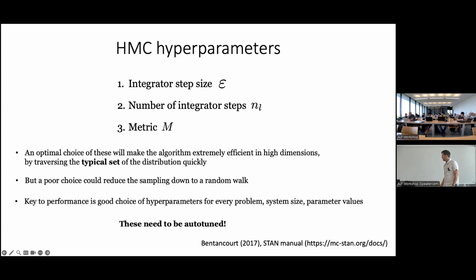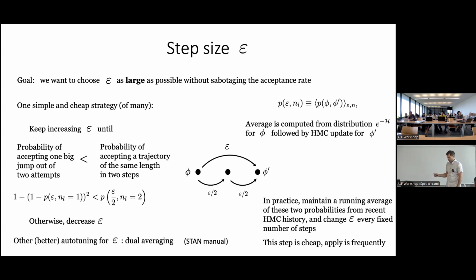As far as I understand, it's an actual programming language based around hybrid Monte Carlo, from the statistics community, and they have whole documentation about how they do their optimization in the warm-up, and we follow something kind of similar. In the Stan manual, you can see details about dual averaging, which is a different way to keep track of the step size and to increase or decrease it. I'm not going to talk about it at all. It's more sophisticated, but we don't use it.